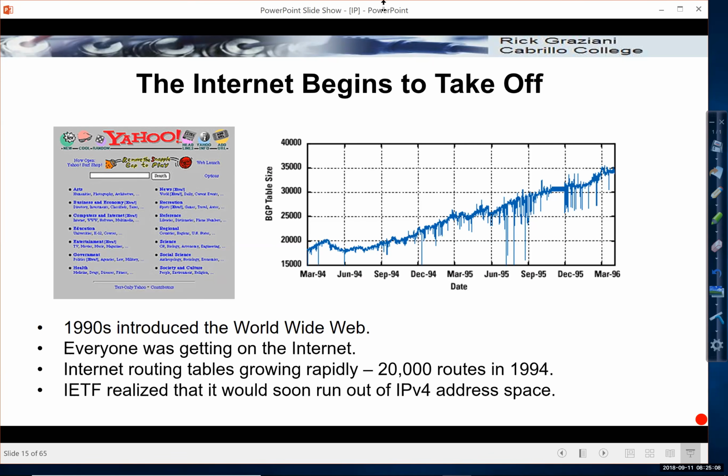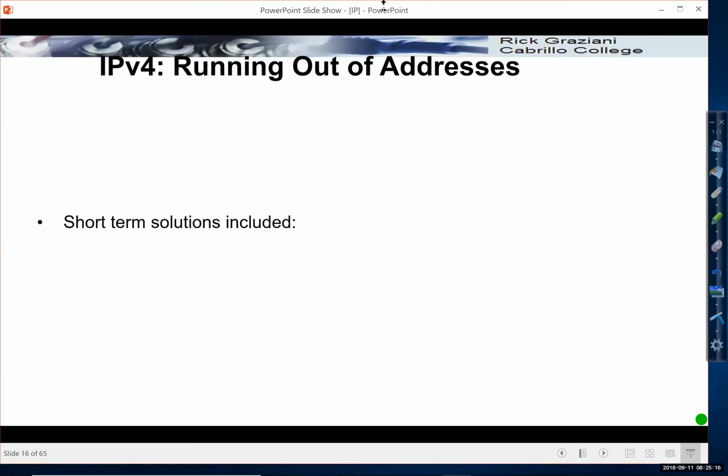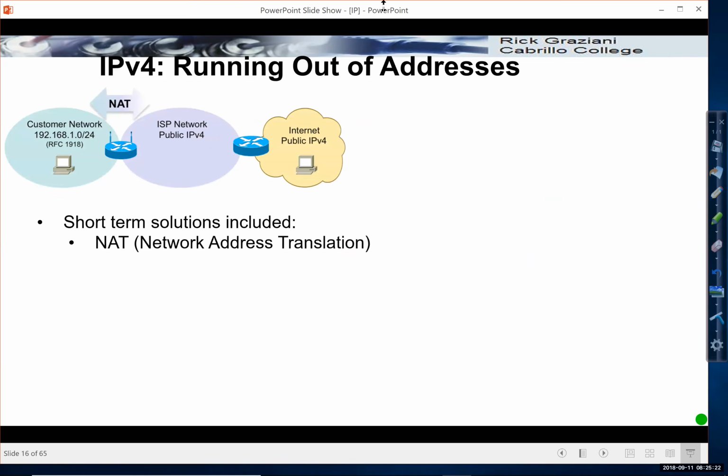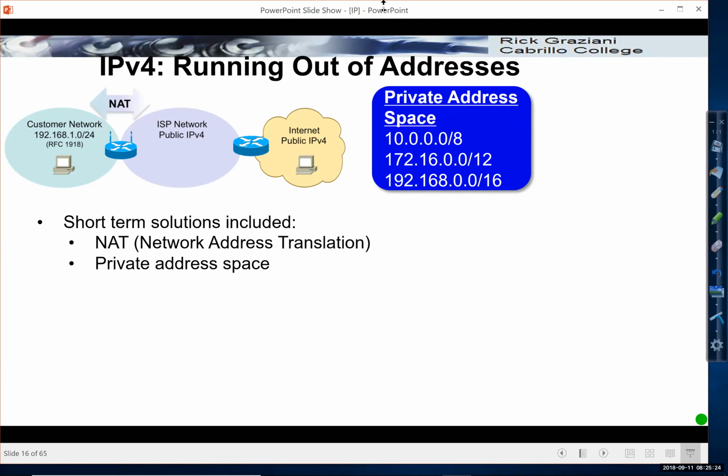Actually, they thought by 1997, 1998, that we would run out of IP version 4 addresses. So they had to come up with both short-term and long-term solutions. The short-term solution was actually three things, but I'm going to talk about two of them together: network address translation and private address space.